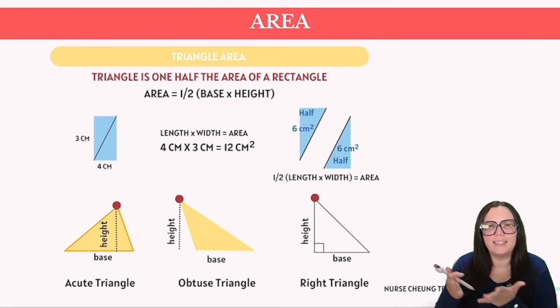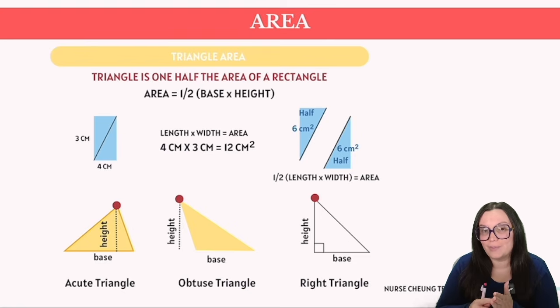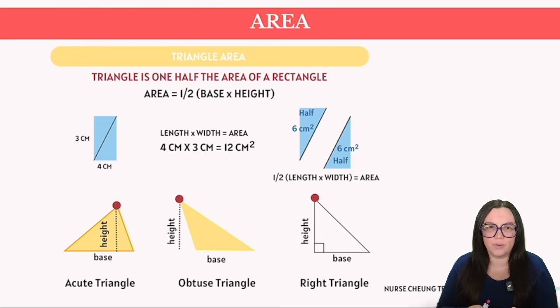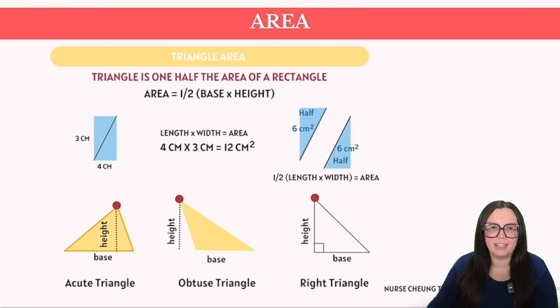Now, how do we figure out the area of a triangle? So we're going to begin with a rectangle once more, and this time we have a dimension of 3 centimeters by 4 centimeters. Using our previously discussed formula, the area of a rectangle is calculated as 3 times 4 is equal to 12 square centimeters. Now let's imagine that we're slicing this rectangle in half diagonally from one corner to the opposite corner.